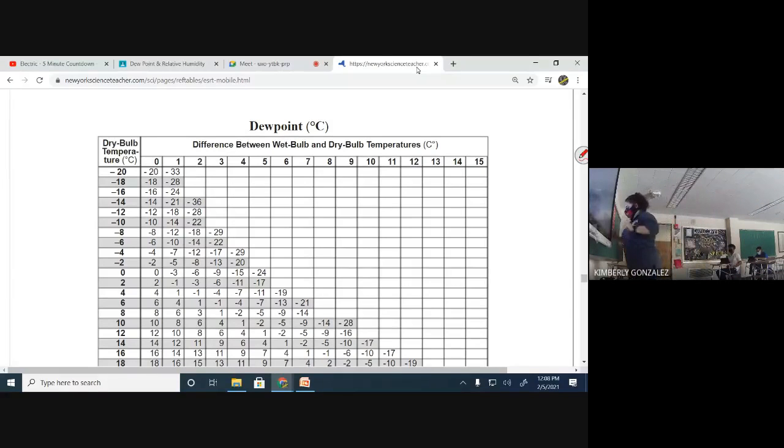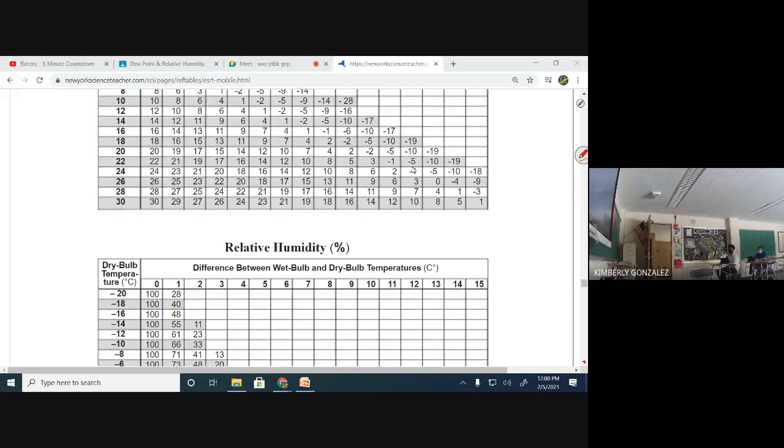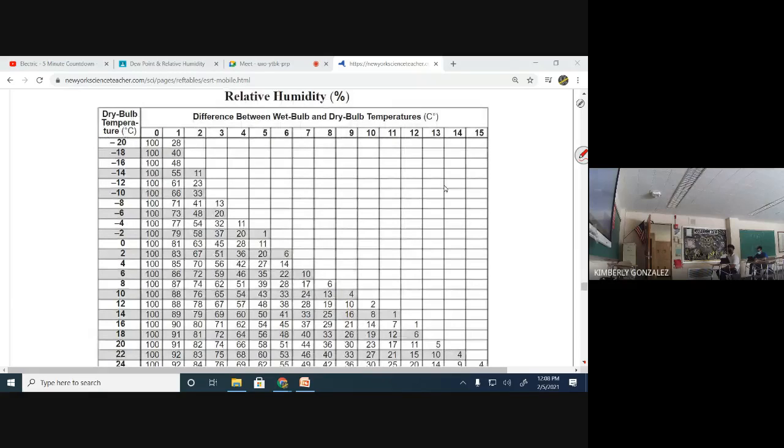I am on the incorrect chart. I'm dealing with relative humidity, so I need the relative humidity chart. Okay, so I need to be here. Everybody with me? Yes? No? Maybe? Okay. Yes. Awesome.